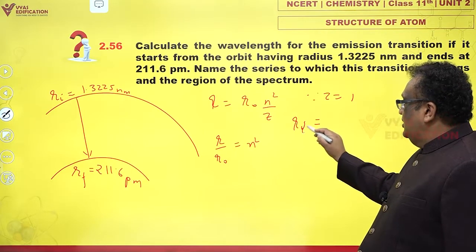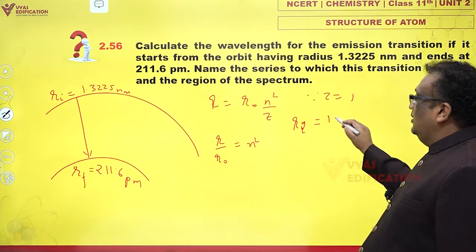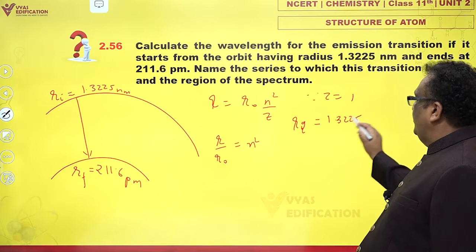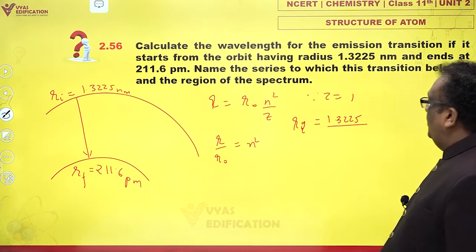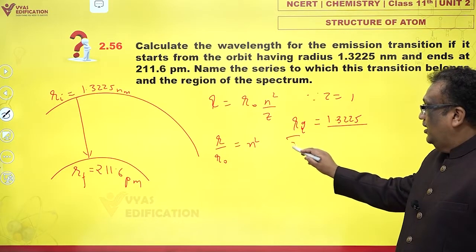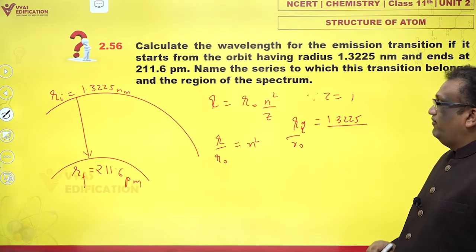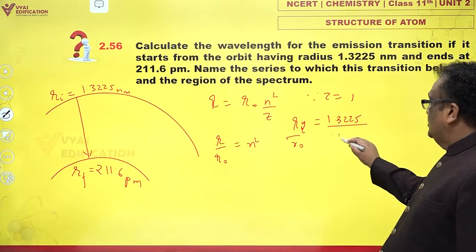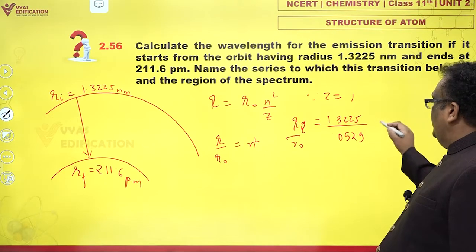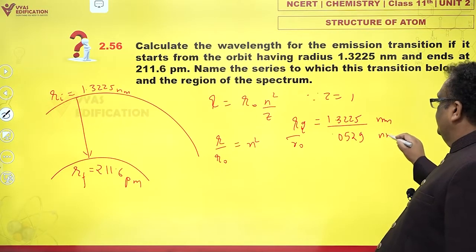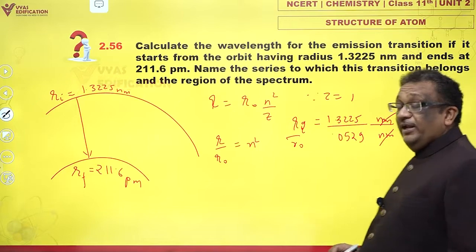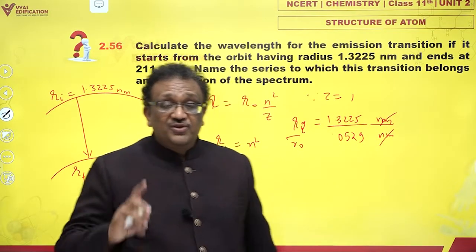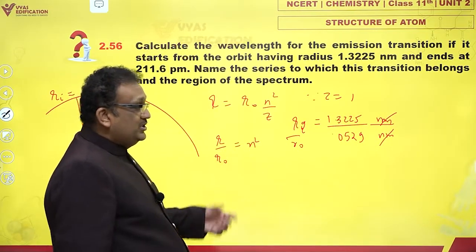So what is R initial? It is 1.3225 by R naught. R naught is 0.53 angstrom units, or 0.0529 nanometers for the hydrogen atom. 0.529 angstrom units is the radius of the first Bohr orbit. We use that.